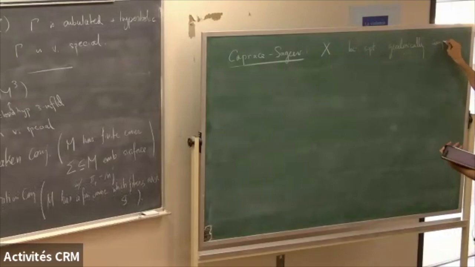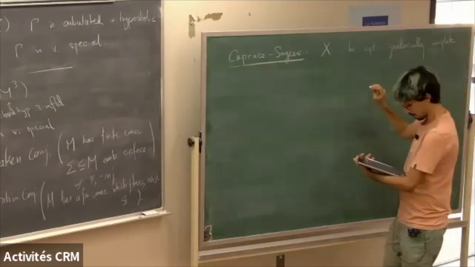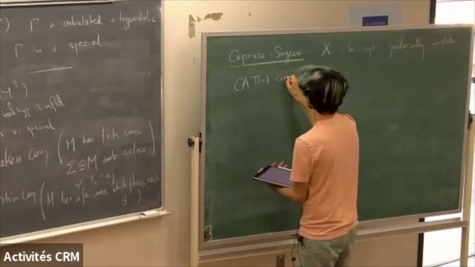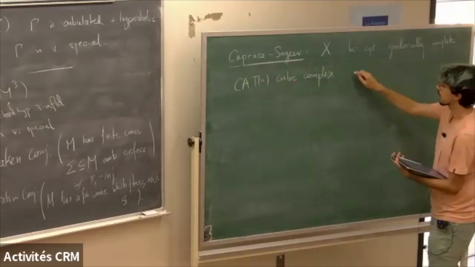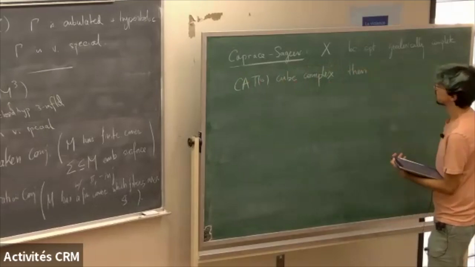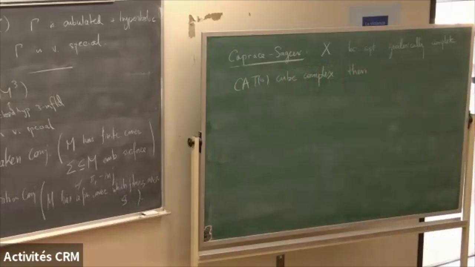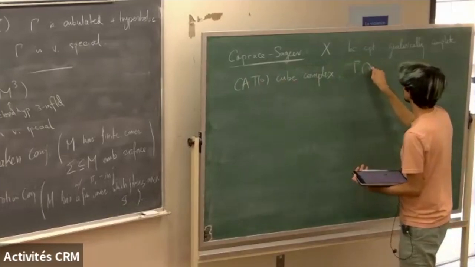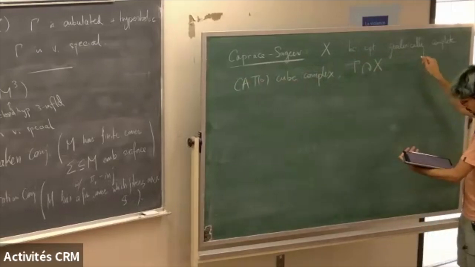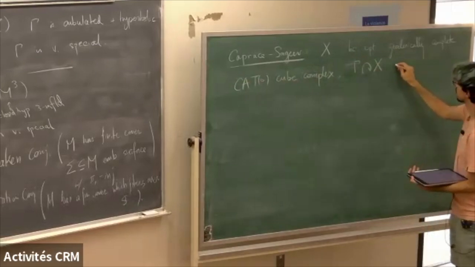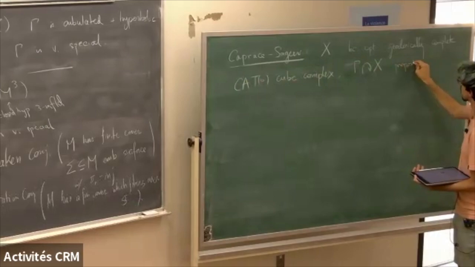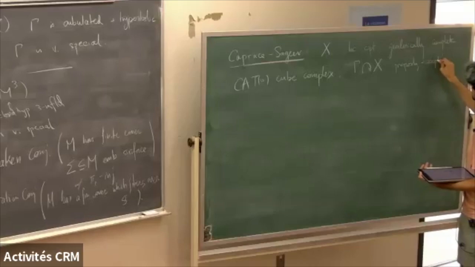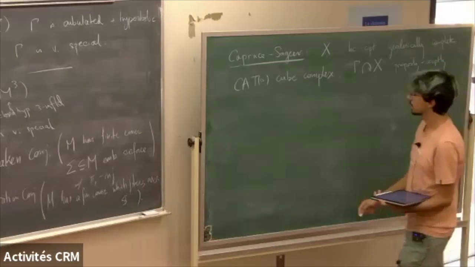And we need a group gamma acting on it geometrically, so properly and co-compactly.